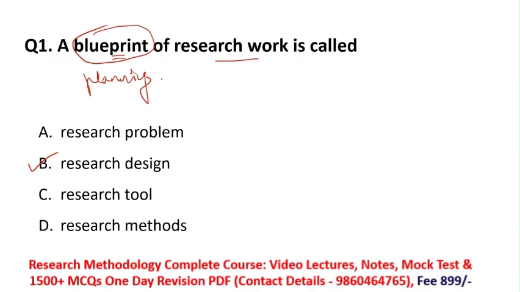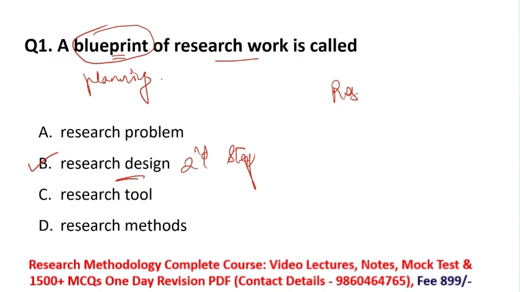In research, the second step is research design. In research design, the researcher plans everything: how they will collect data, how they will lay down the hypothesis, and where they will select the sample. Everything they are going to perform in their research is planned.